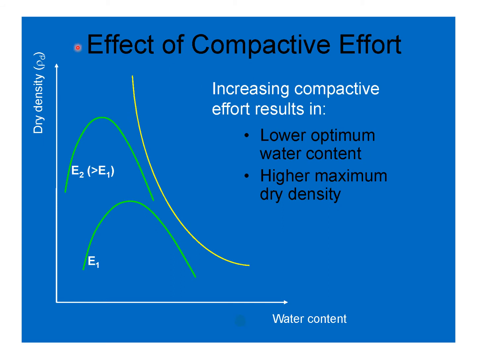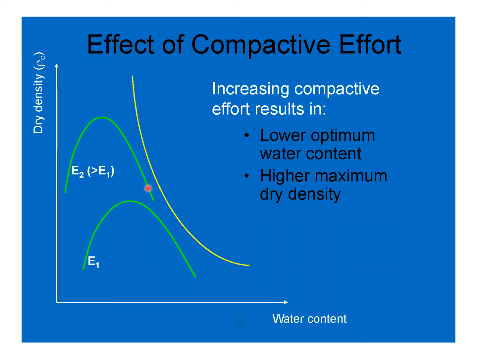Now the effect of compactive effort can be seen over here: increasing compactive effort results in lower optimum water content and higher maximum dry density. Here the compaction energy per unit volume is E1, and here it is E2, which is greater than E1.